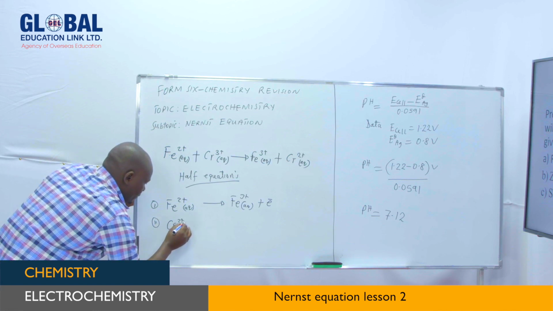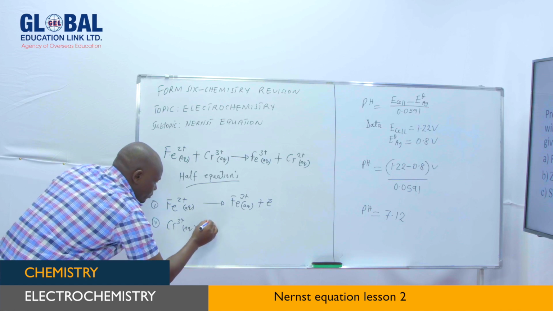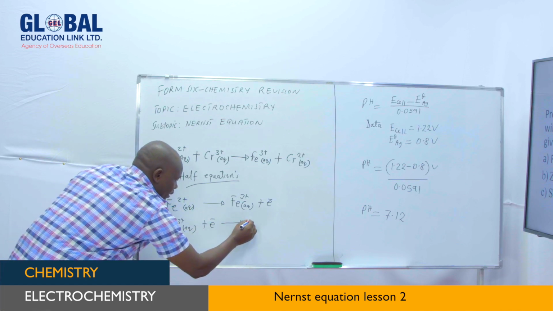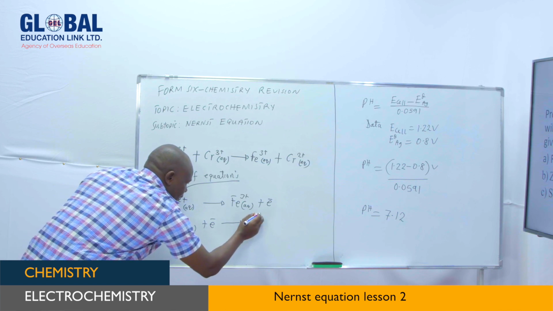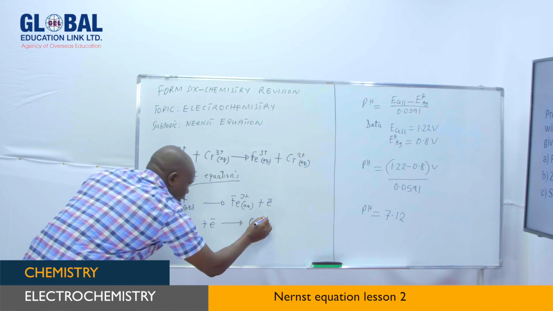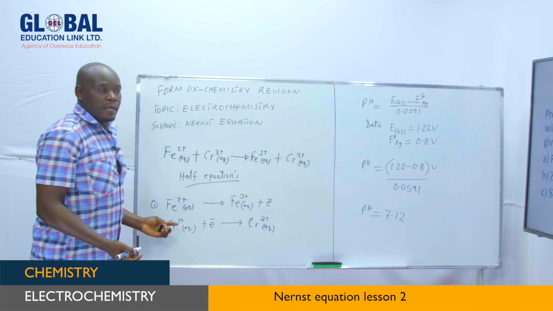Chromium 3 plus 1 electron to balance. Then the product is chromium 2 ions. So these are our half equations.